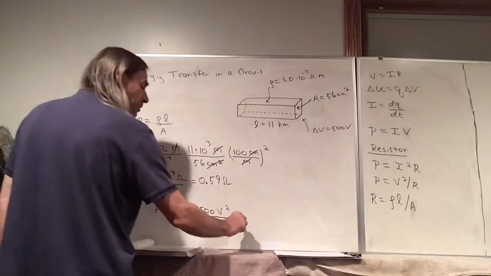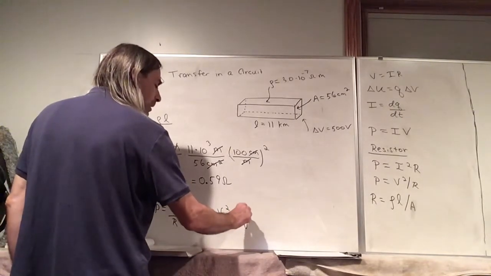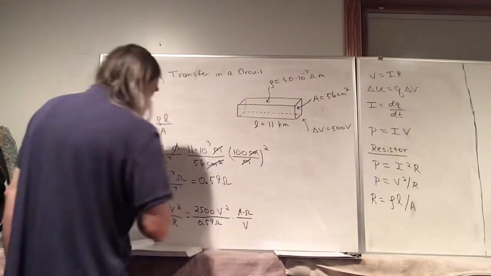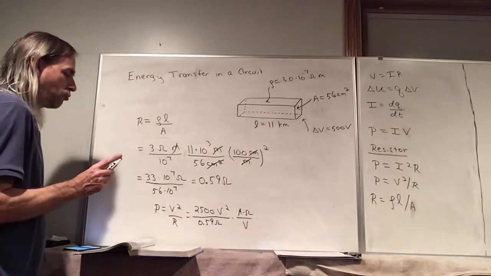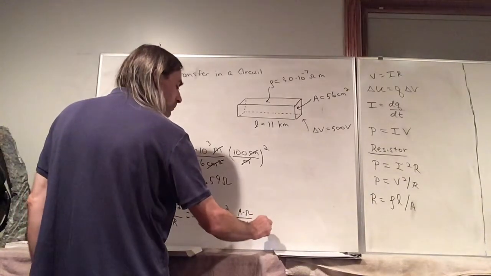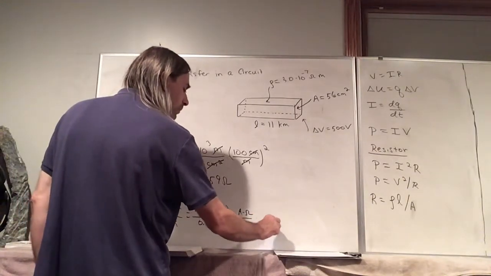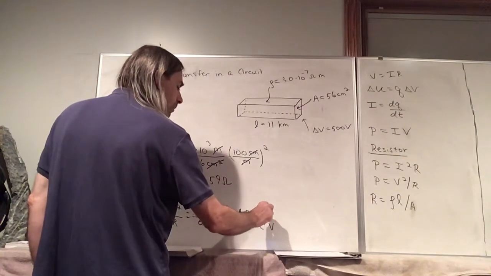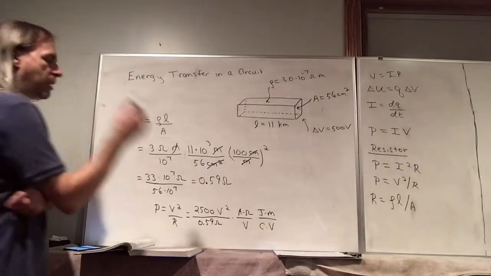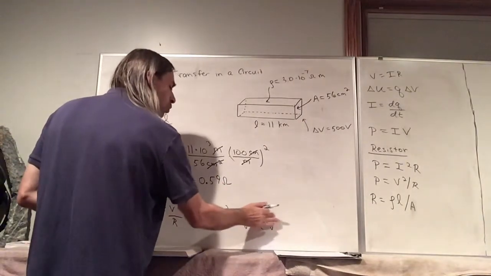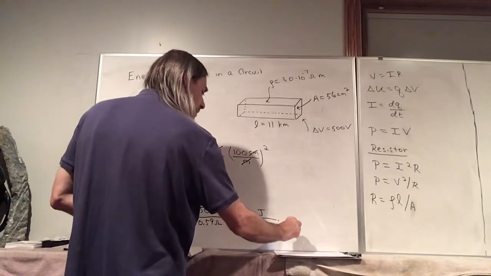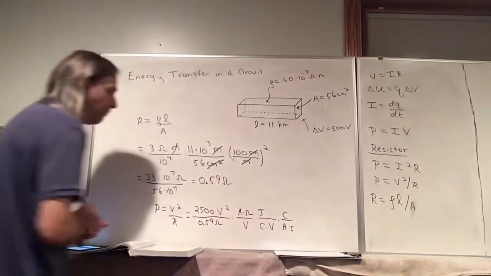And a volt is an amp times an ohm. And let's see, a joule is equal to a coulomb volt, and an amp times a second is a coulomb.